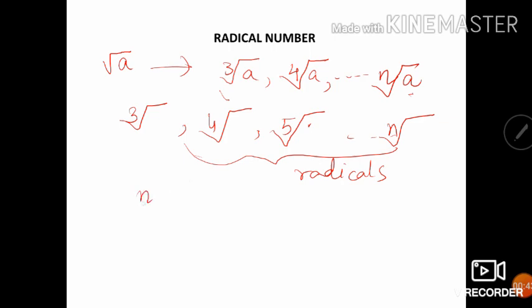So if nth root of a is equal to b, then we can write a as b to the power n, where n is called the index.